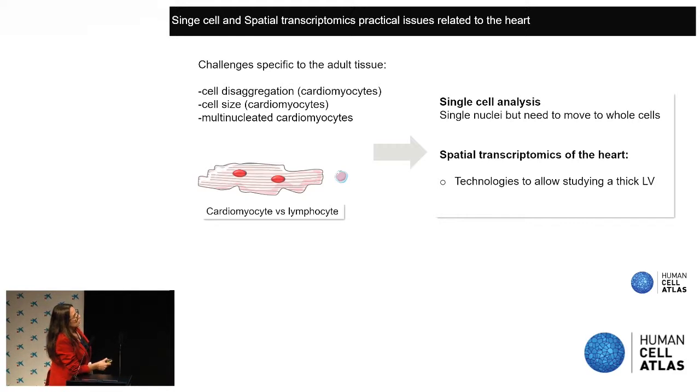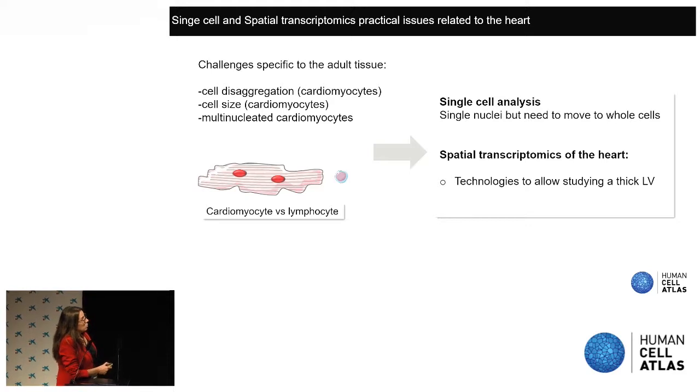But I also think we need to think about this when we do spatial transcriptomics of the heart. If the spots are 100 micrometers, we're going to chop up these cardiomyocytes in various parts. So if technologists are in the room and they're thinking how to develop new technologies, please keep in mind it's not all about lymphocytes, but the cardiomyocytes have some challenges.